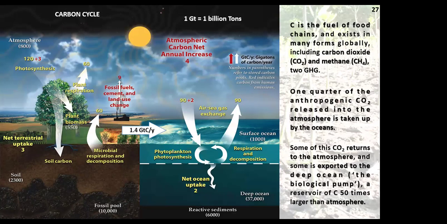It's a scheme of the pathways of carbon in the planet. Let's see first where the main stored pools are. There are the white parentheses numbers. These numbers are in gigatons of carbon.